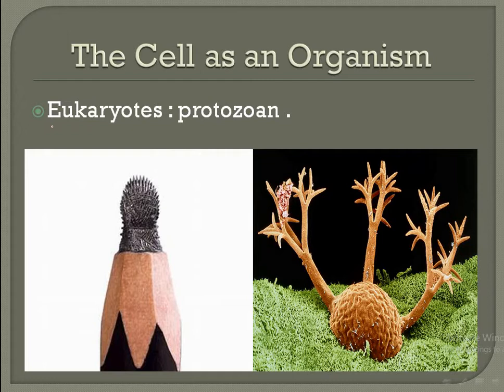Protozoans are an example of eukaryotic cells, and they also spend their life as a single cell. But that does not mean a single cell is very simple. That is not correct.